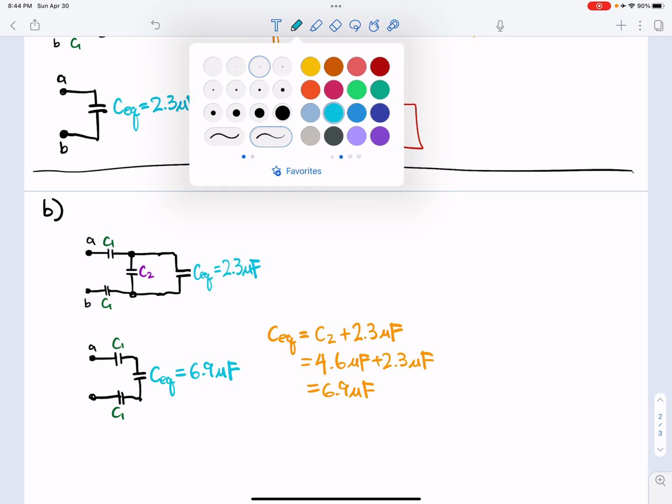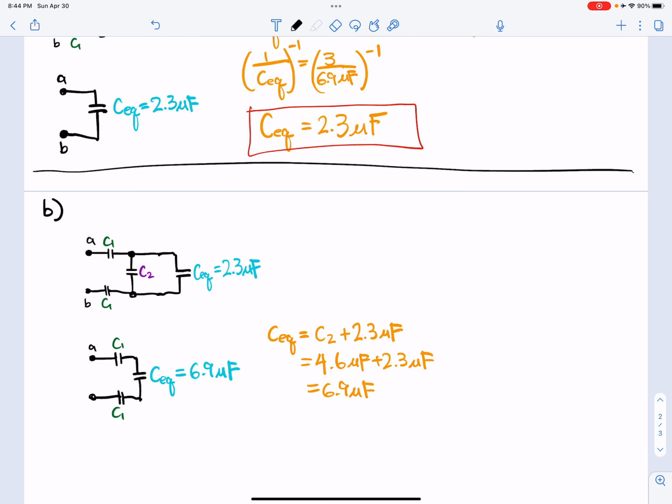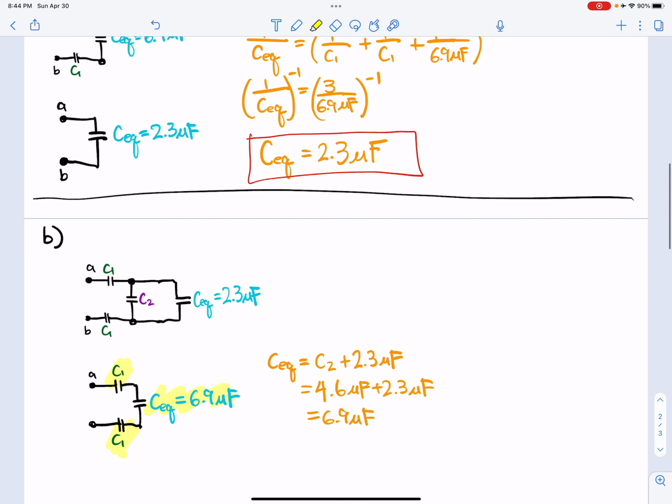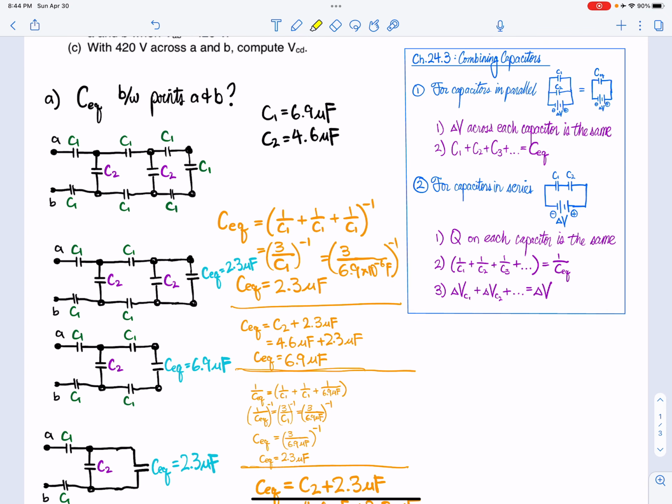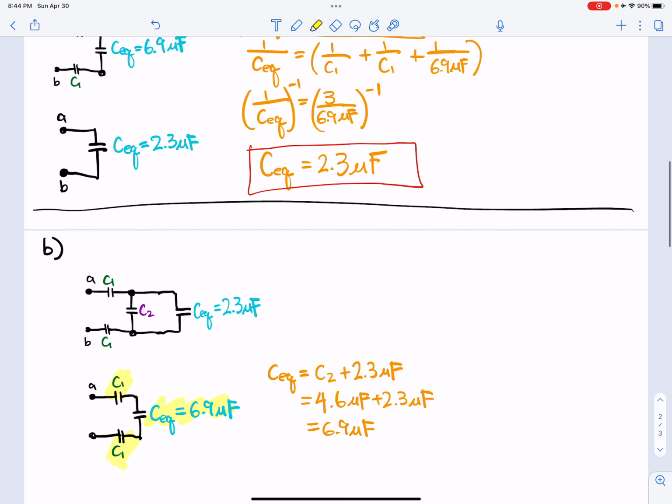So now I have 3 capacitors in series. And looking back at that little note I have from chapter 24, section 3, for capacitors in series, the charge on each capacitor is the same. So I know that the charge here is going to be equal to the charge for this capacitor and also the charge for this capacitor, right?